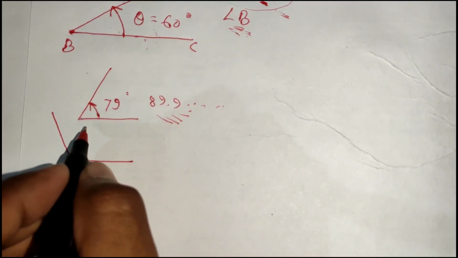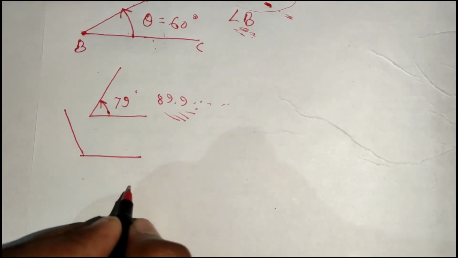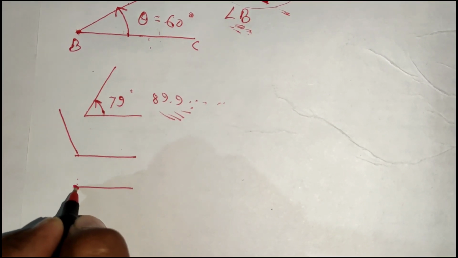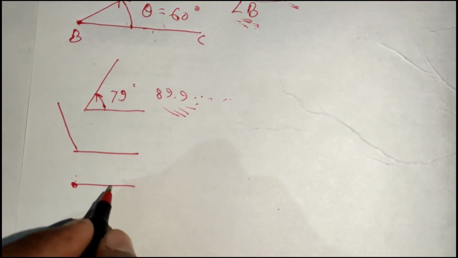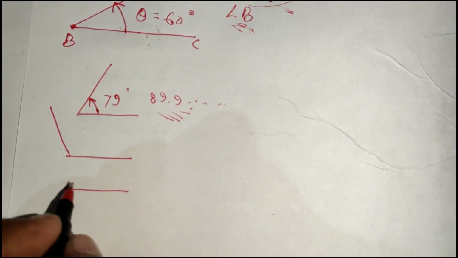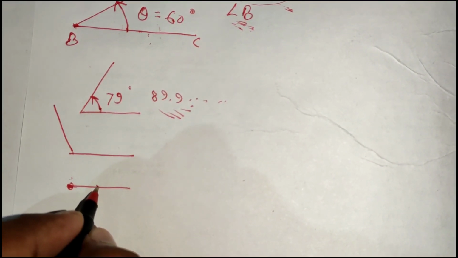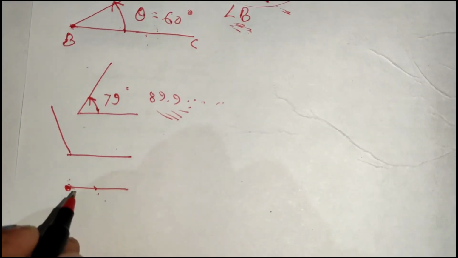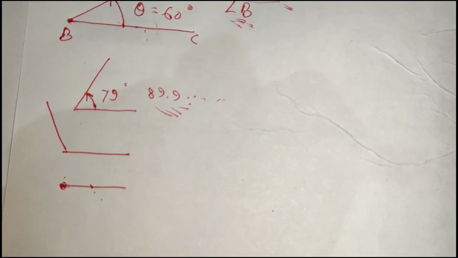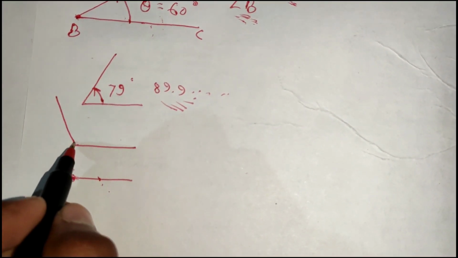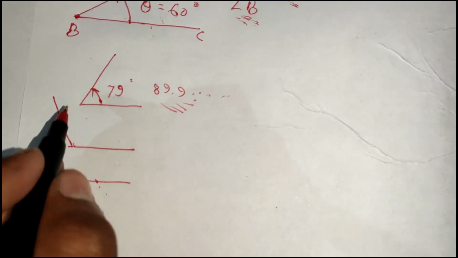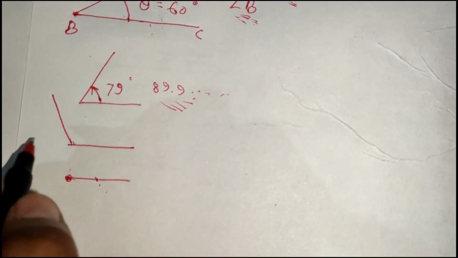The 0 degree is simply a line where both arms are coincident. So the angle between these two arms is 0 degrees. So an acute angle is greater than 0 degrees and less than 90 degrees. On the other hand, the obtuse angle is an angle which is greater than 90 degrees and less than 180 degrees.